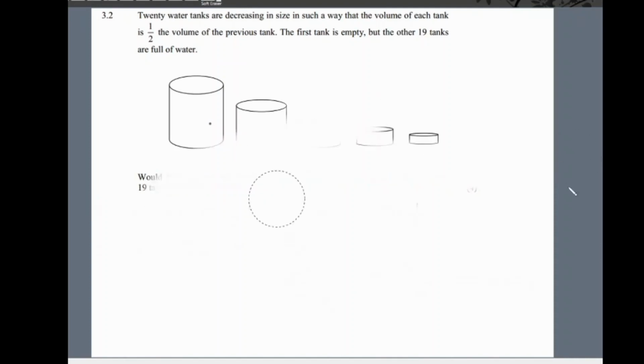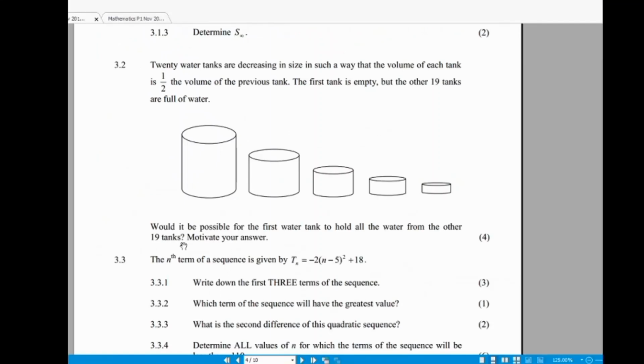We'll refer back to the question. The first tank is empty, and we want to prove that it will be able to hold the amount of water of the other 19 tanks.